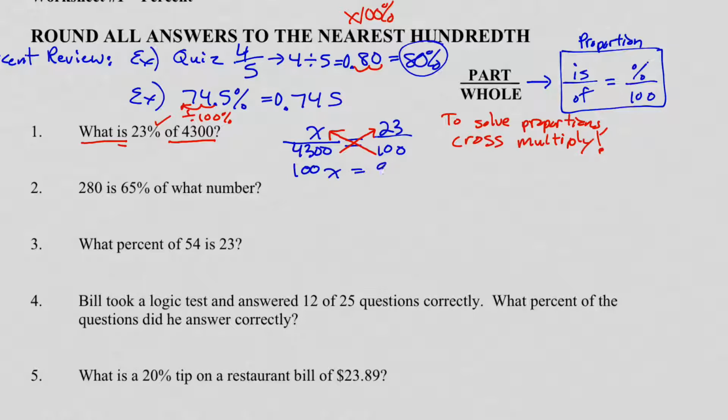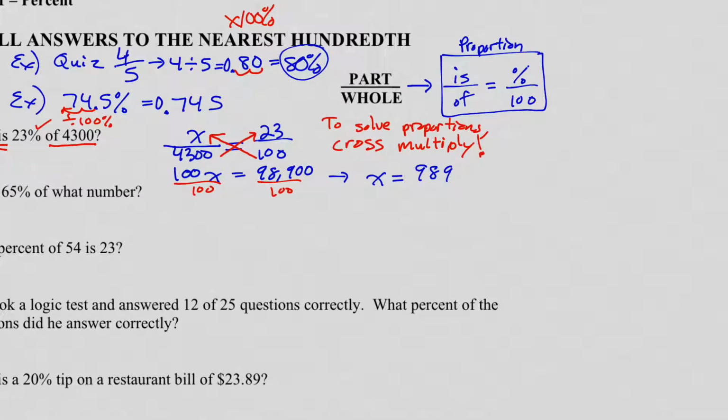That's going to give us 98,900. Then you want to divide by 100, and then we get x equals 989. So 989 represents the part, and the whole was 4,300, and if you divide those two, you can check it out. That's going to equal 23%.